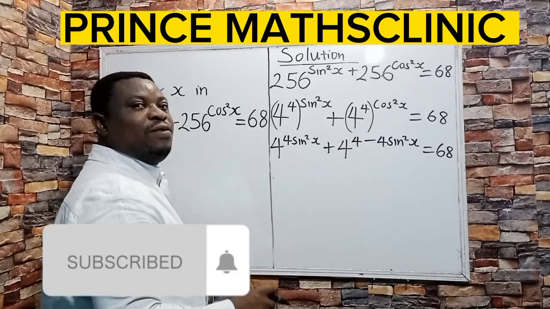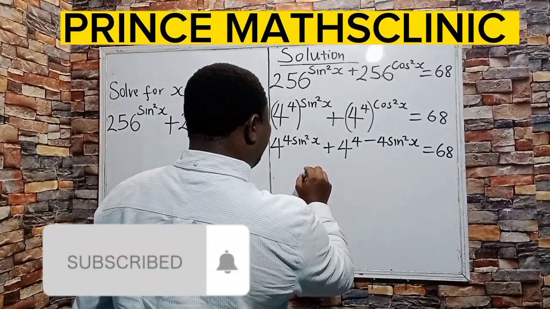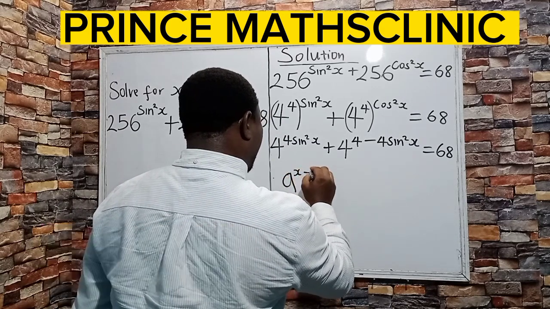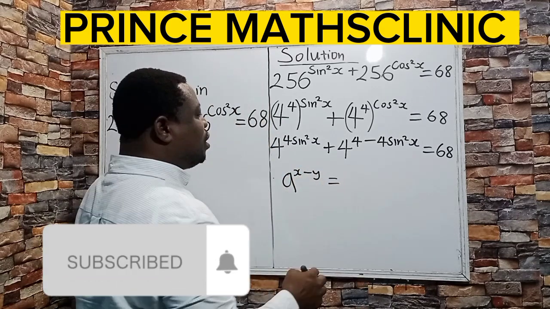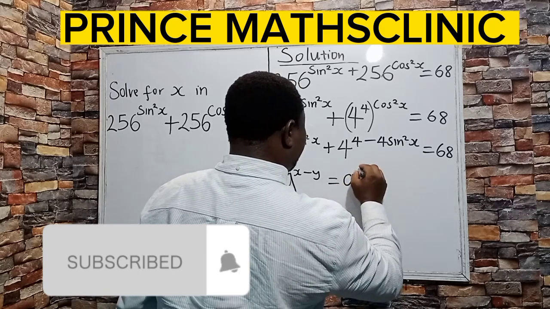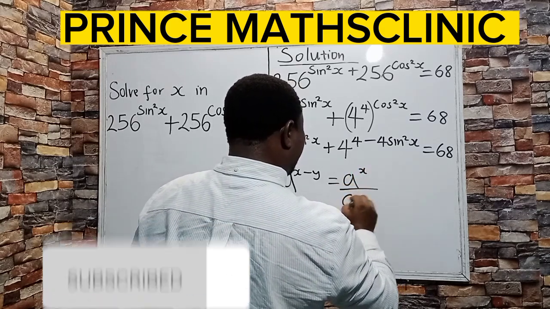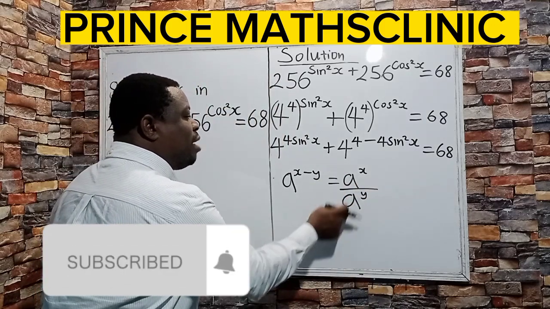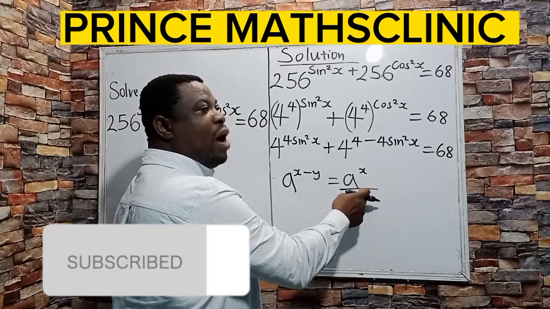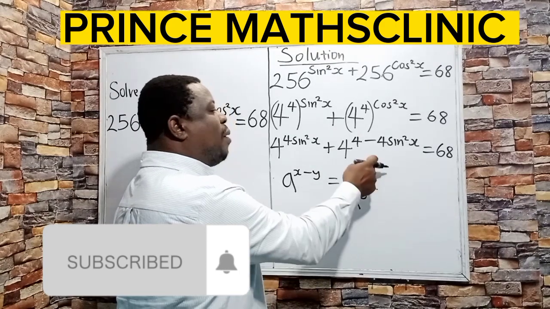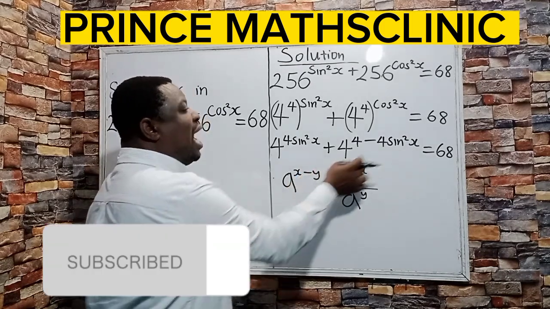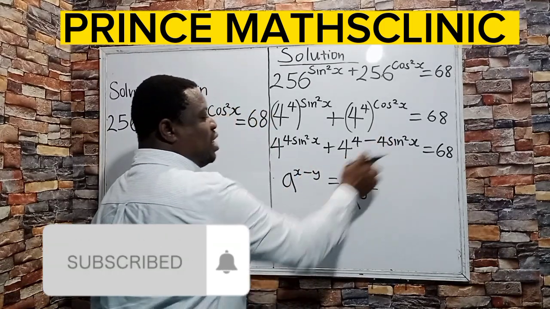We know that from the laws of indices, if I have a to the power of x minus y, it can be written as a to the power of x divided by a to the power of y. Because the two have the same base, you can subtract the power in the denominator from the power in the numerator. That's exactly what happened here. And you can apply that rule here.